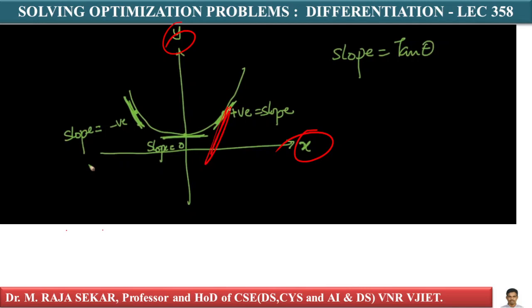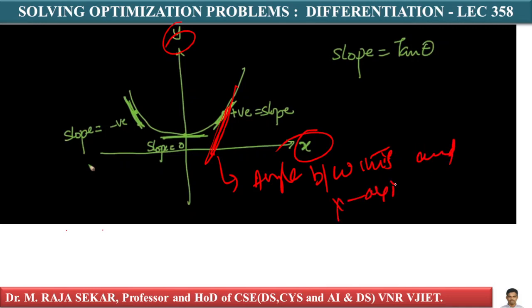The angle between this particular tangent and the x-axis is less than 90 degrees. If it is less than 90 degrees, then tan theta is always positive, isn't it?